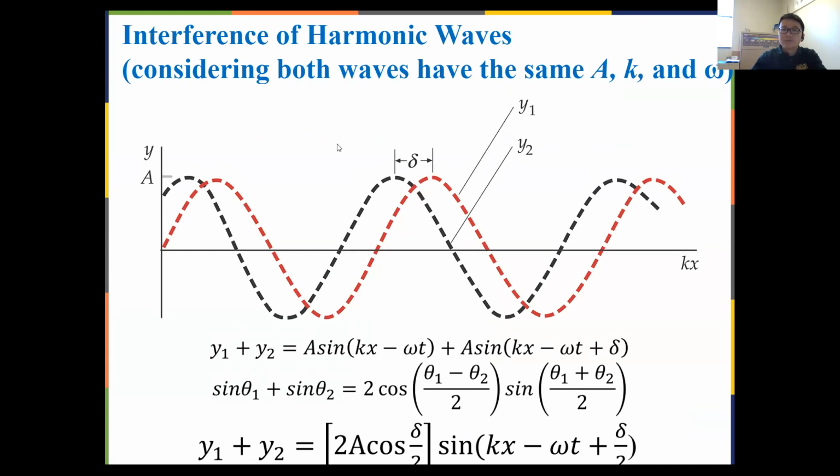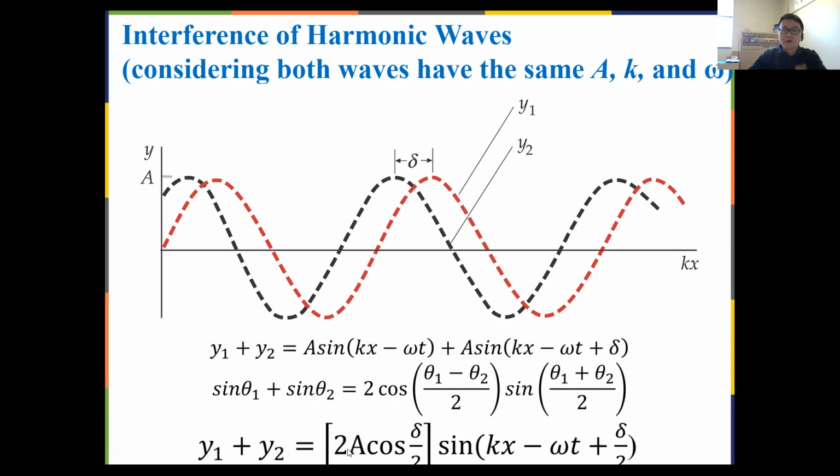Okay. So then if you have y1 as a sine of kx minus omega t, and then y2 as a sine of kx minus omega t with a different phase shift, right? So if these two waves are slightly different in phase when they interact with each other, then depending on this difference in phase, the result of these two sine functions adds up according to one of the trigonometry identities, specifically related to half angles.